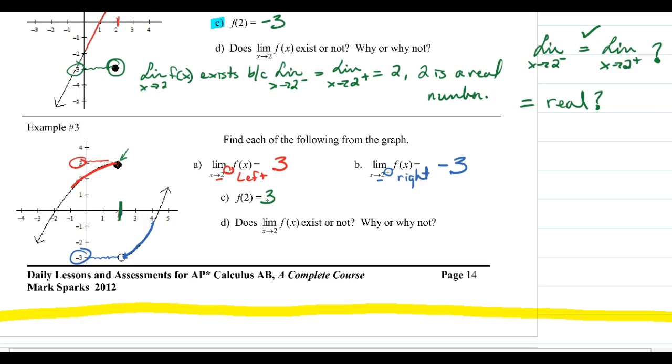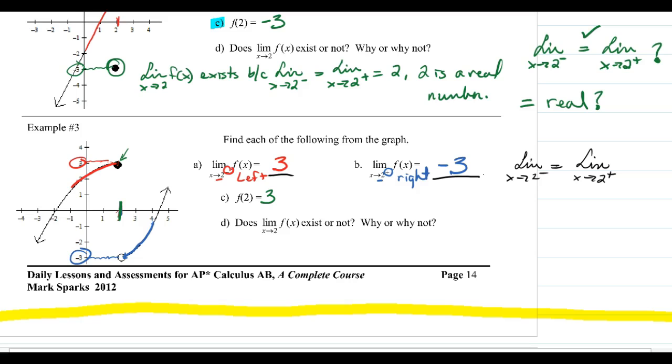Now for d, does my two-sided limit as x approaches 2 of f of x exist? And why or why not? So we want to check the two steps. First, does my left limit, well, we'll use 2 instead of a, equal my right limit? From the left and from the right. Looking here, my left limit is 3, and my right limit is negative 3.